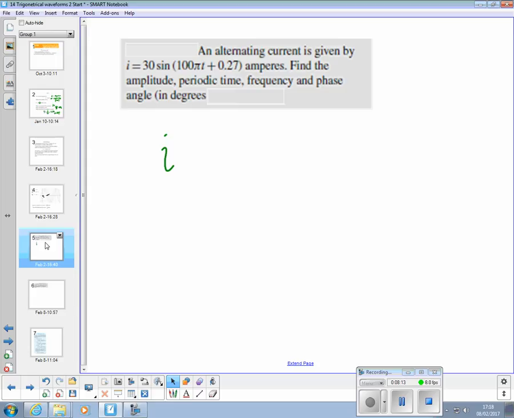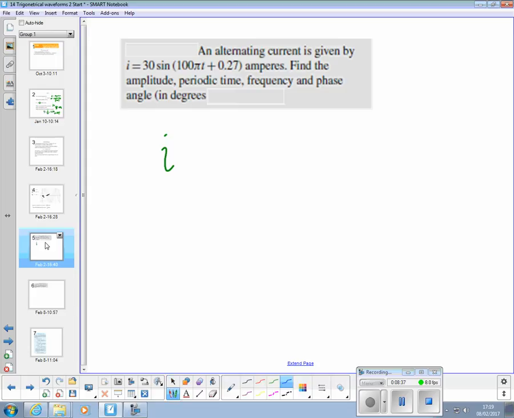So if we put a time t in that function, it will tell you what the current would be at that time. When we talk about instantaneous values in engineering, we use lowercase letters. So a peak current would be a capital I, an instantaneous value at time t would be a lowercase i.